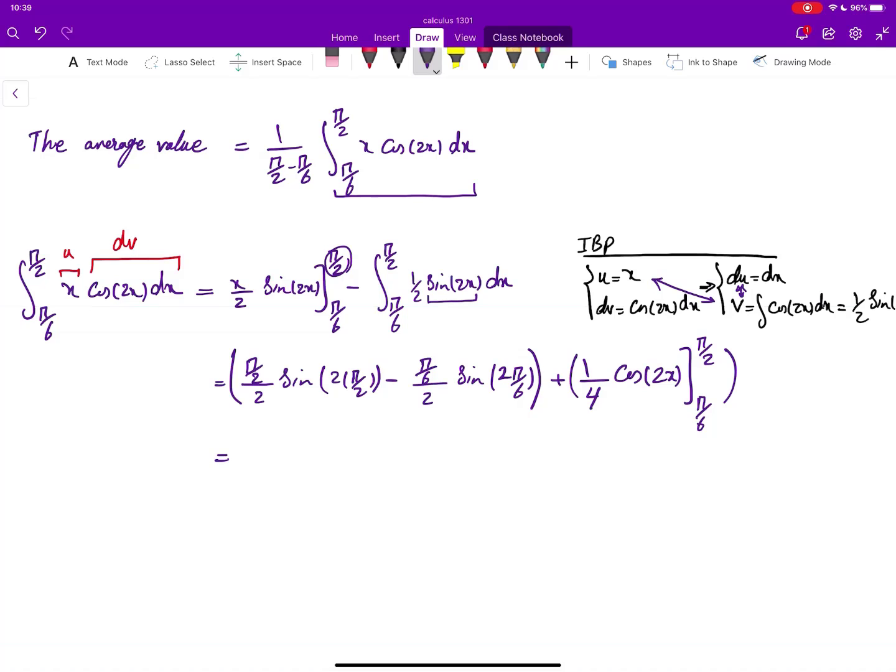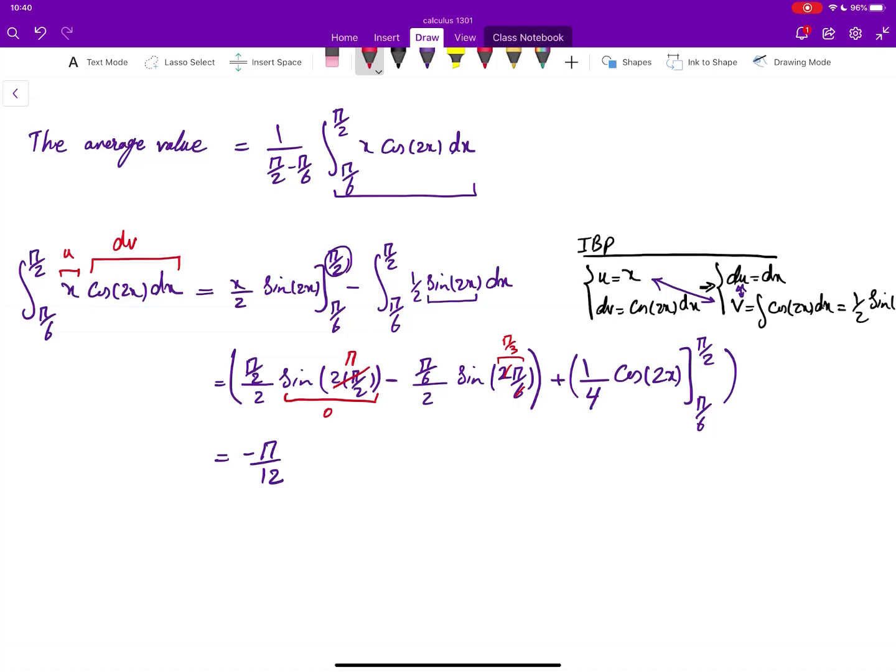So as I go, I will evaluate this. This guy here will be pi. Sine of pi is 0, so that will go away. Here I have negative pi over 12, and this is what? This cancels with that. This is pi over 3.